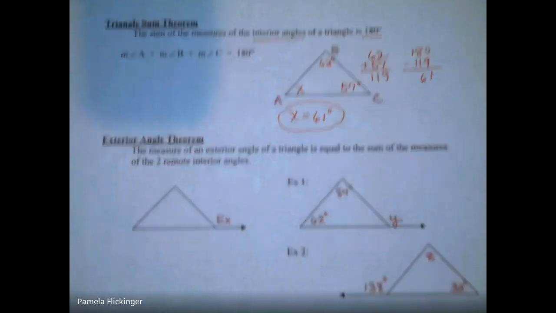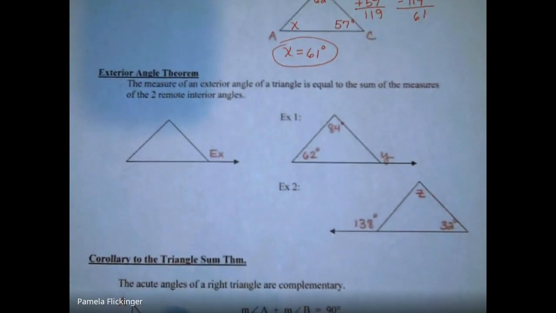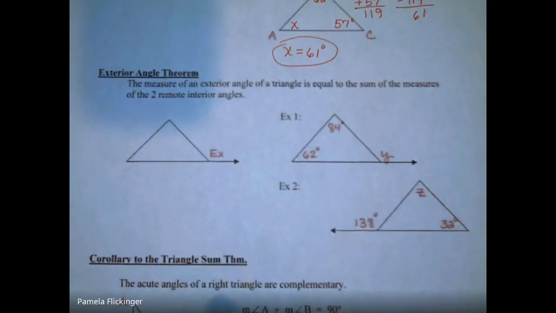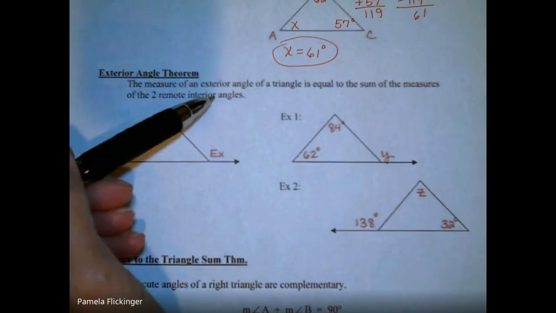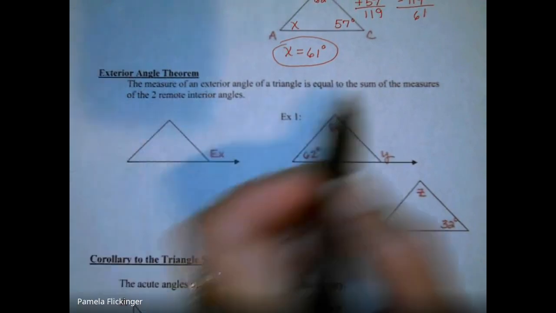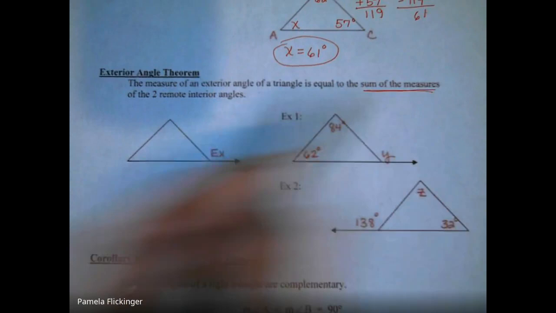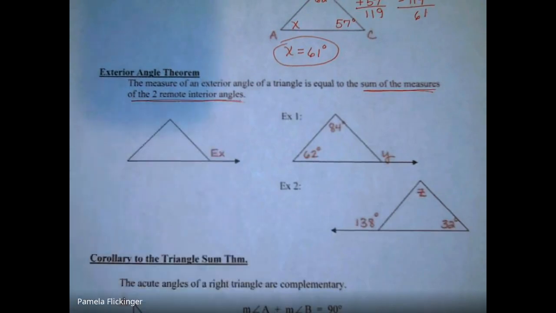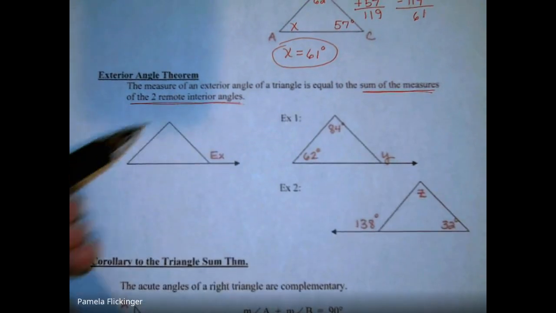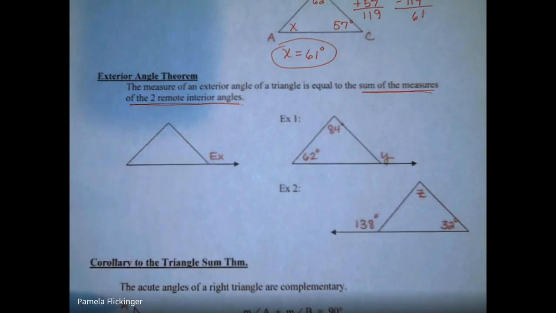All right, back to the exterior angle. The exterior angle theorem says the measure of an exterior angle of a triangle is equal to the sum of the measures of the two remote interior angles. Here's a picture with an exterior angle labeled.